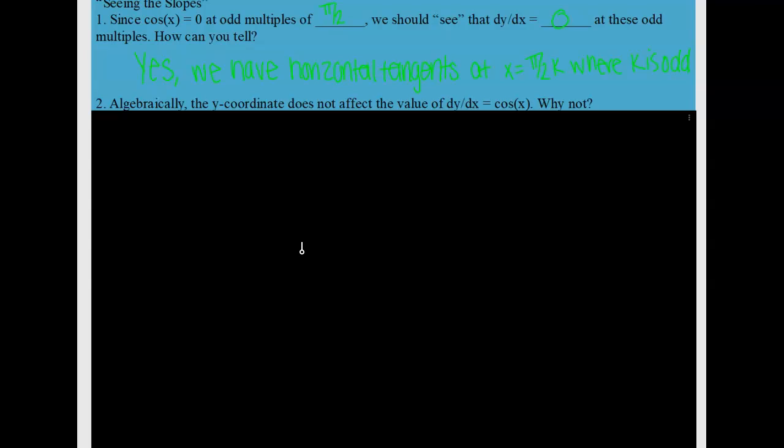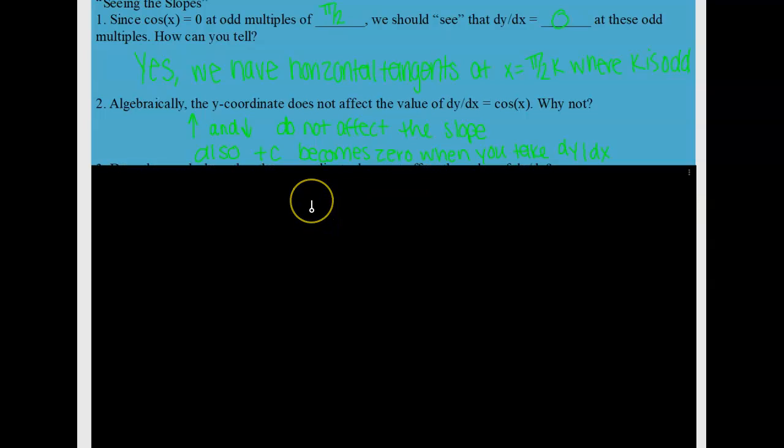Anything times 1 divided by 1 is unchanging. So the y value doesn't affect our graph because the y value's derivative will always be 1, which will leave unchanged anything happening with x. So going up, going down, the slope isn't going to change because that's a 1.